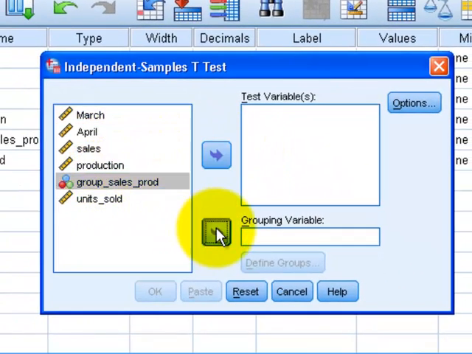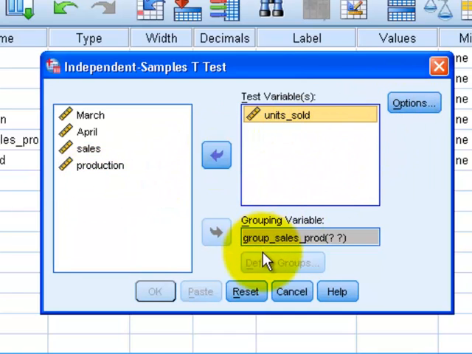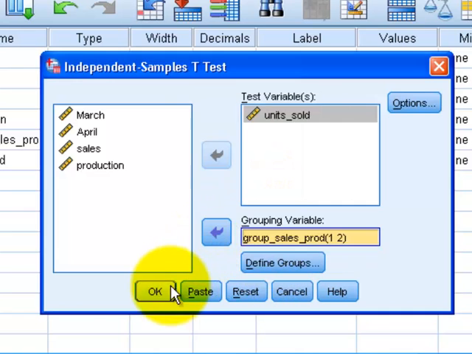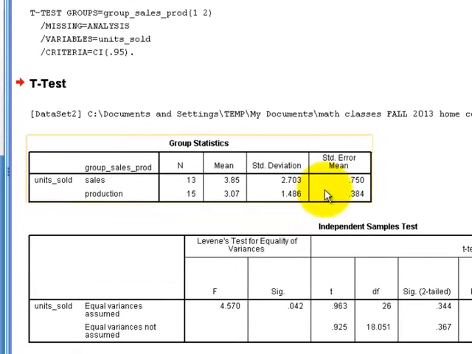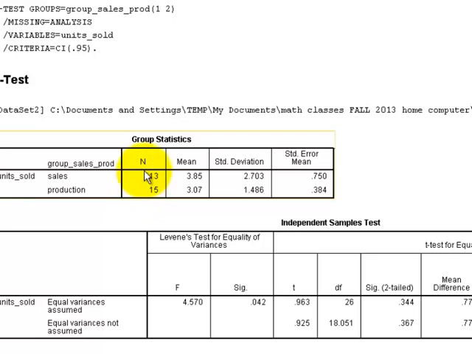And our grouping is group, and units sold is our DV. Don't need any options, but we have to define our groups. One was sales, two was production. We're ready to go. So here's the output. Sales, that was the group that had the two outliers where we removed them.